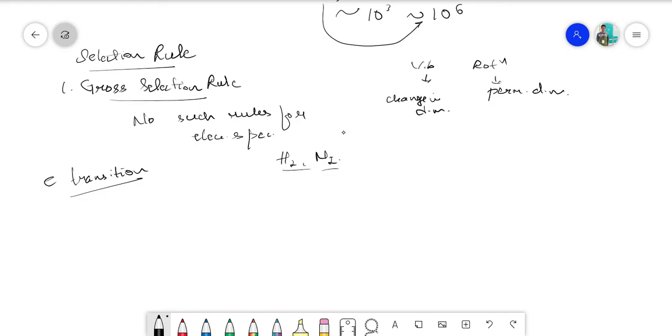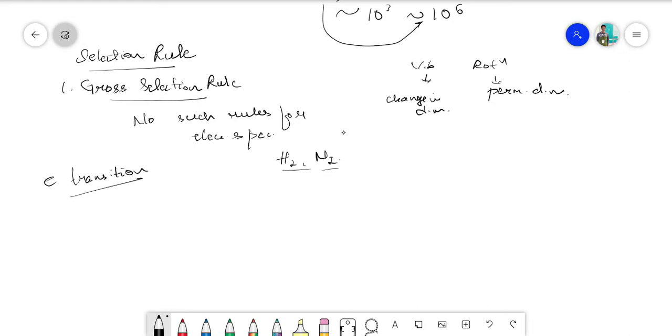The electronic energy levels will always be present in a molecule, whether it's polar, non-polar, it has a dipole moment or does not, whether it's diatomic or only a single atom. The transitions between two electronic energy levels can occur anytime, and if that is occurring, you can very well study the electronic spectroscopy.